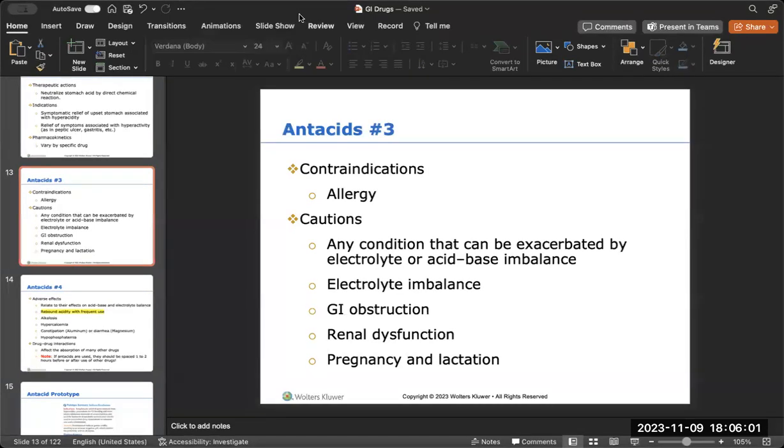Think about that sodium bicarbonate, the prototype that I told you about, that can cause systemic alkalosis. Alkalosis is an electrolyte imbalance. So that's a problem. We also want to watch out for pregnancy, lactation, and renal dysfunction. Those are pretty much always givens because pregnancy, you can't really give it anything. Most drugs you can't give, and you always need your kidneys to excrete most of the medications.